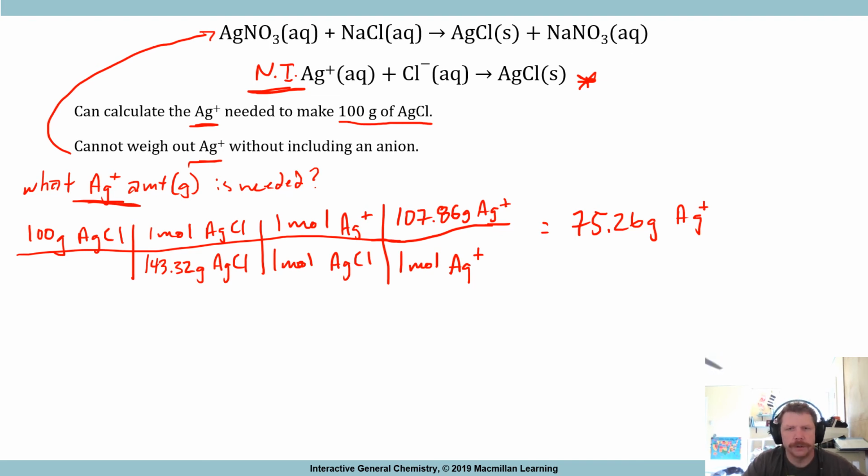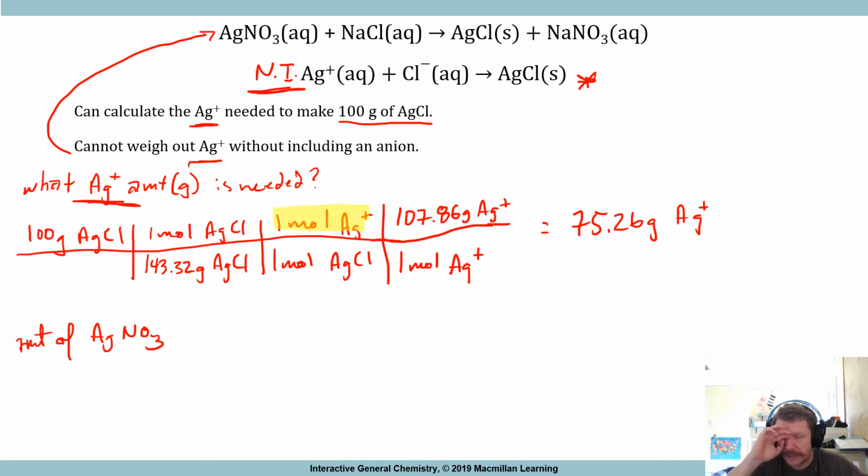Okay, so I hope that was helpful. The key to this is understanding the question that's being asked. Now if the alternative was presented and you were asked about the amount of AgNO3, I'm just going to highlight what you would change right here.